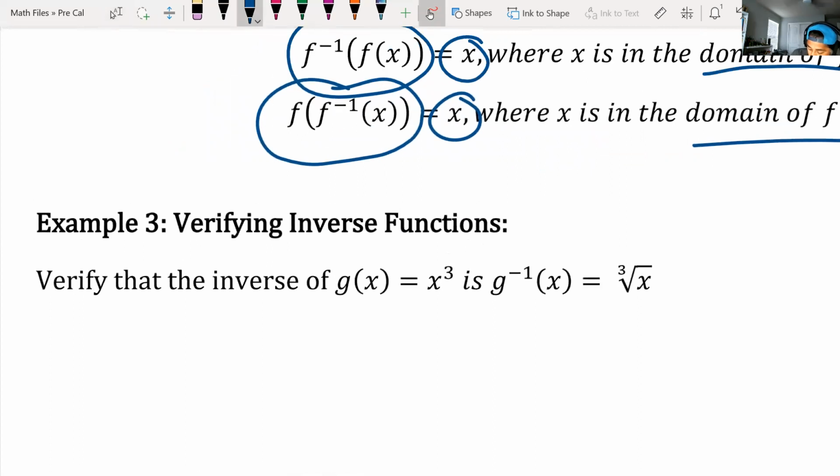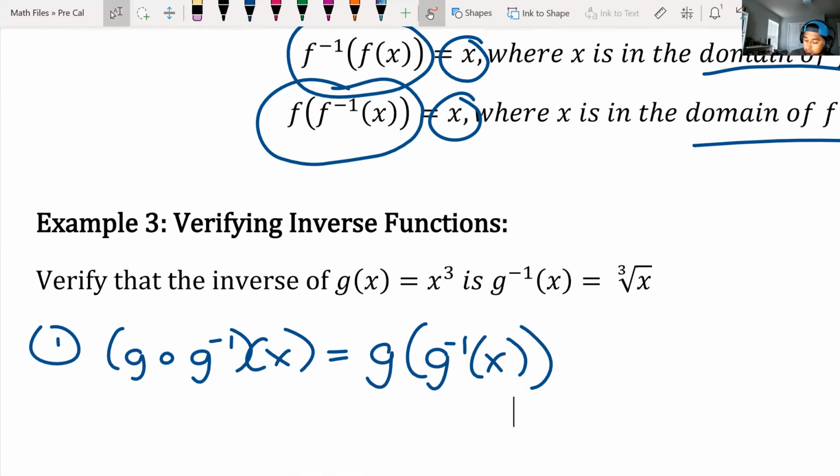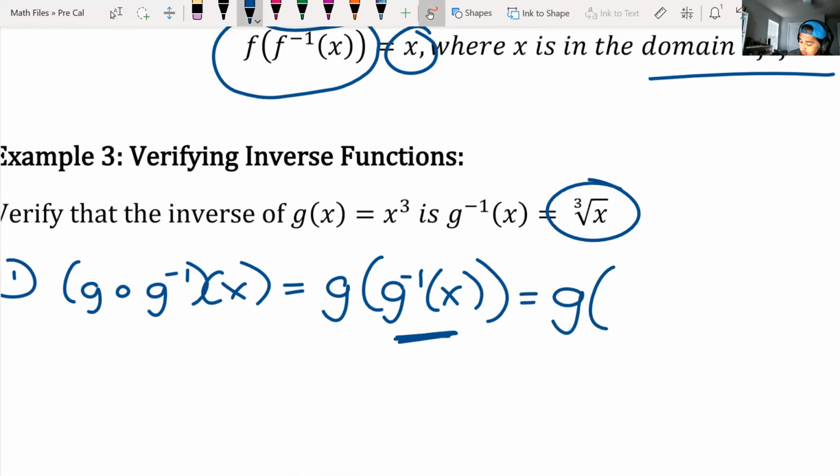So we'll say 1. We're going to say g composed with the inverse of g of x gives me g of the inverse g of x. Now, we notice that the inverse of g of x is the cube root of x. So that's what we're going to plug in to function g for every x.